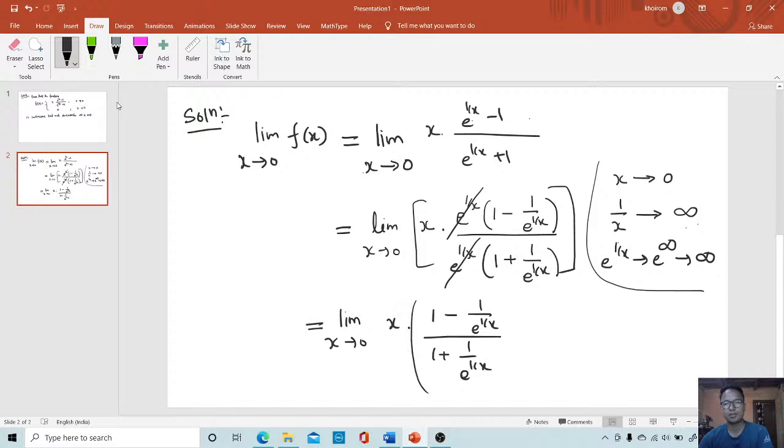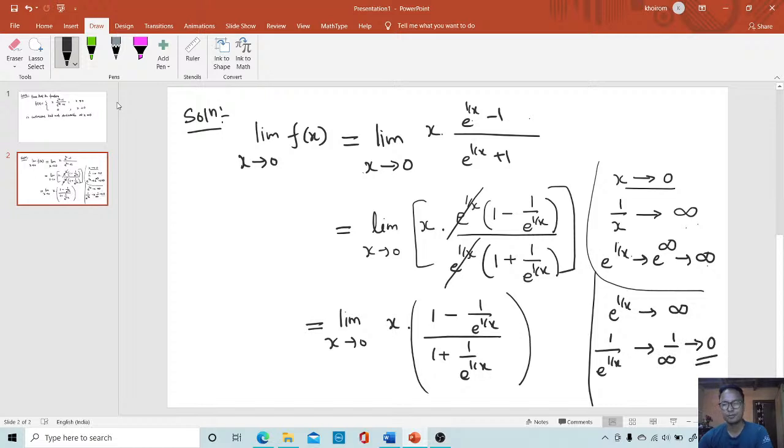Now, as x tends to 0, e to the power 1 by x tends to infinity. So e to the power 1 by x is infinity, and 1 by e to the power 1 by x is 1 by infinity. This means these terms all tend to 0.